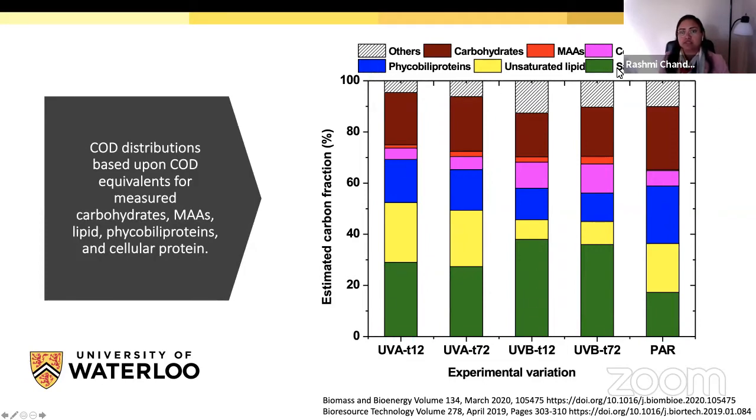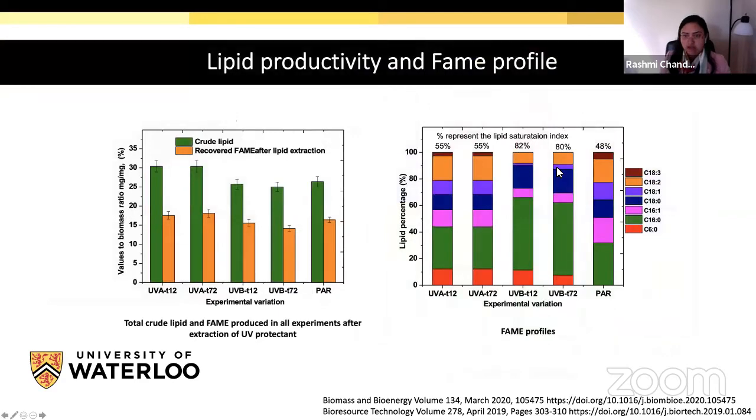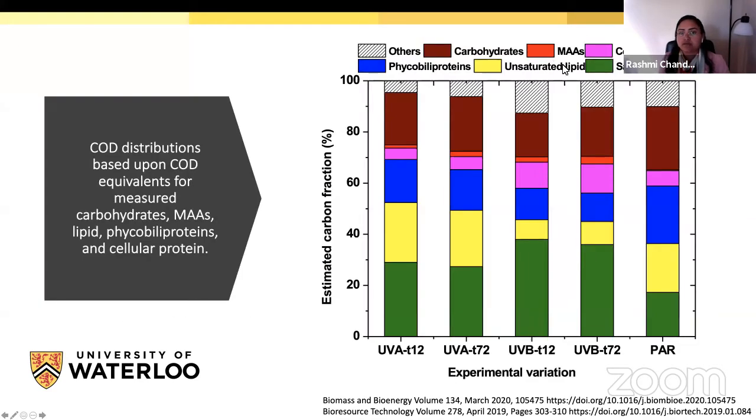And one thing we saw is the phycobiliproteins. If you see the blue one, phycobiliproteins are proteins that act as accessory photosynthetic pigments in cyanobacteria, like antenna pigments for solar energy recovery, to proceed with the photosynthesis process.